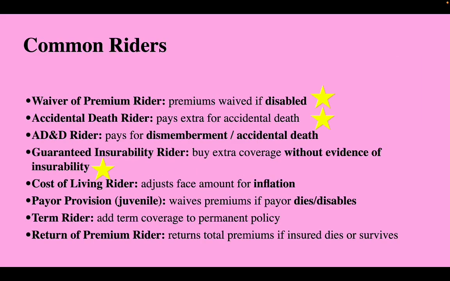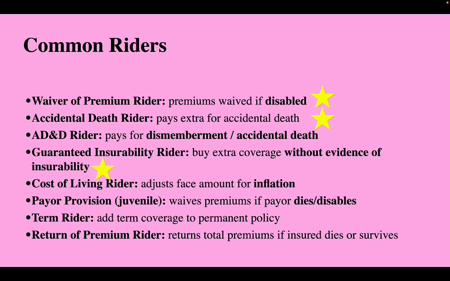Slide 7, Common Riders. Riders add optional benefits to policies. The waiver of premium rider waives premiums if the insured becomes disabled. Accidental death riders pay extra if death occurs due to an accident, while AD&D riders pay for accidental dismemberment. The guaranteed insurability rider lets the insured buy additional coverage without proof of insurability.